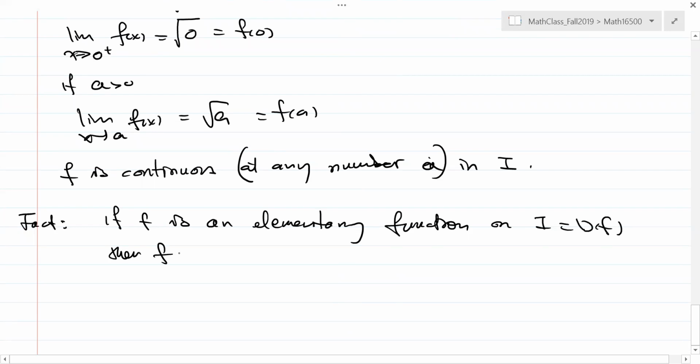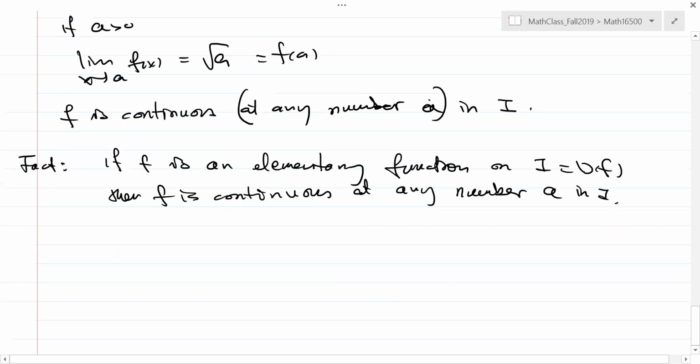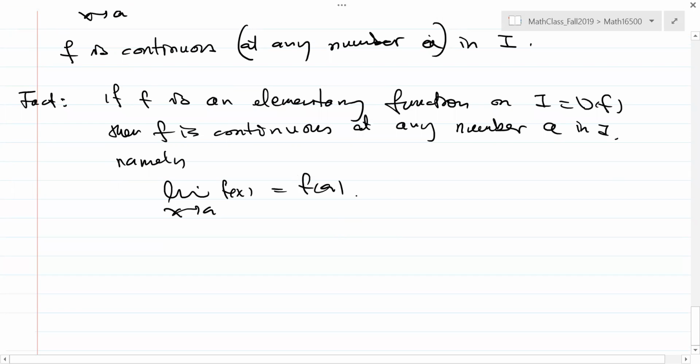Then f is continuous at any number in its domain. So namely, the limit as x approaches a of f of x is just equal to the value of the function. Remember, a should be in the interval.